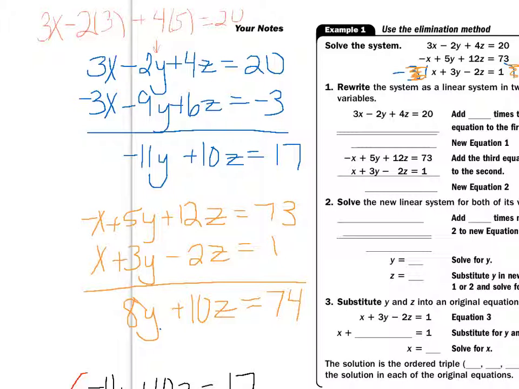So now 3x minus 6 plus 20 equals 20. If I subtracted 20 from both sides, I will get 3x minus 6 equals 0. Add the 6, 3x equals 6, so x equals 2.